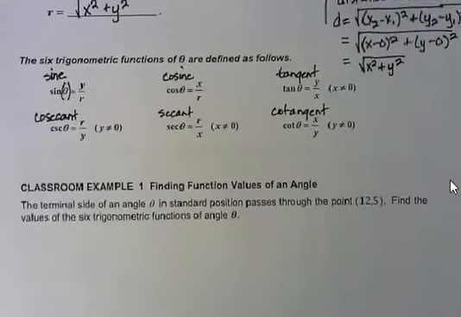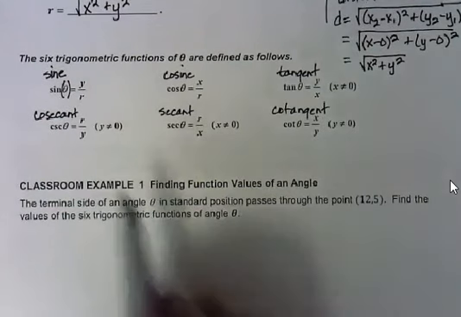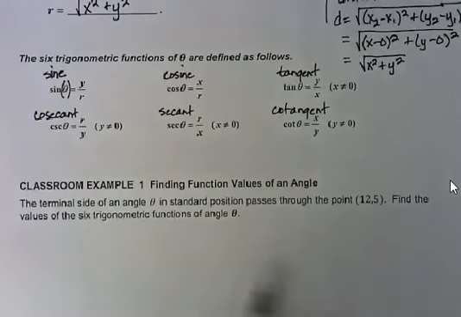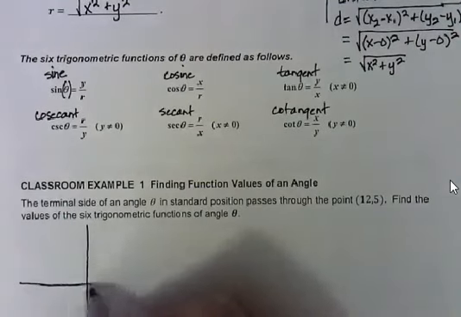Now we're going to look at an example where we have a specific point on the graph, and we're going to find the value of all 6 of our trig functions. So the point we have on the graph is 12, 5.